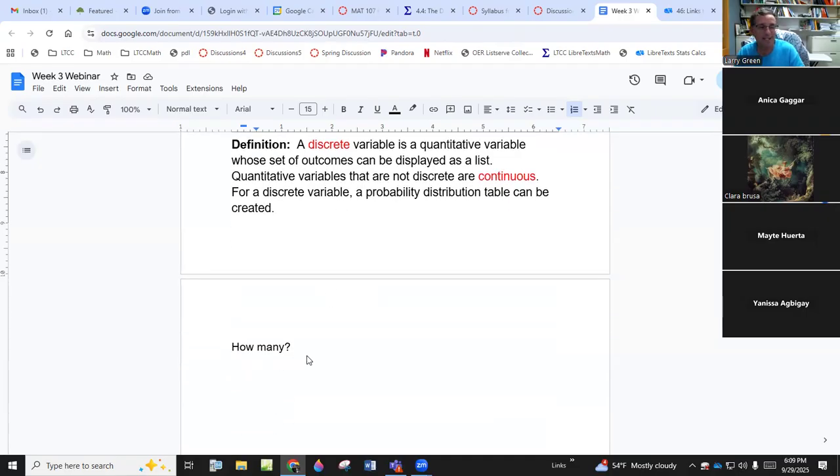So in grammar, if you could say how many, then that's kind of discrete. So it's like, how many people are in the room? Okay, you could list. It could be no people, zero, one, two, three, four, five, six, seven, dot, dot, dot. I don't know. Maybe the room fits 75. So till 75. You can list them all. In our class, when we draw a table, I won't make it that big, but it might be one, two, three, four, and five. So that's discrete.